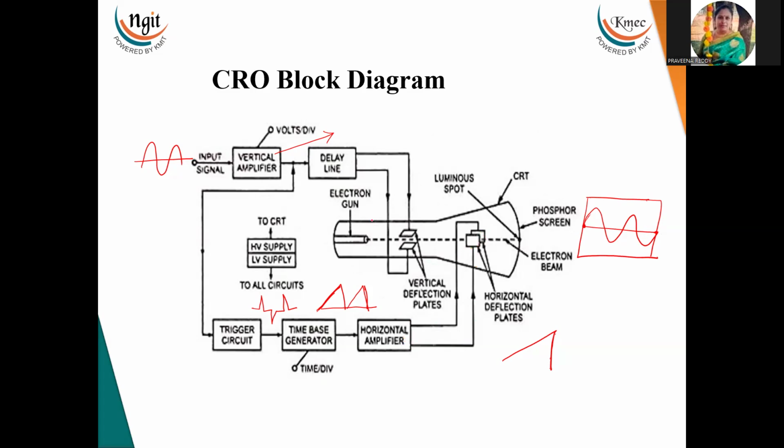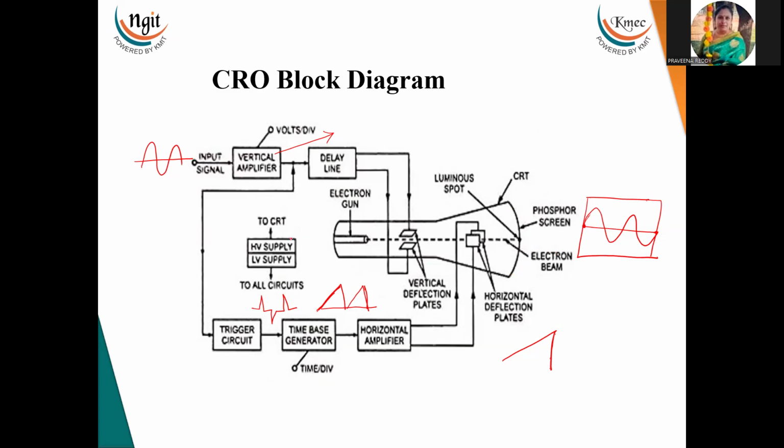Now, this is the CRT. In the CRT, the electron gun generates the electron beam, and it passes through the horizontal and vertical deflecting plates and touches the phosphorus screen. When the beam touches the phosphorus screen, light will illuminate on the screen. We can see the waveform like this.